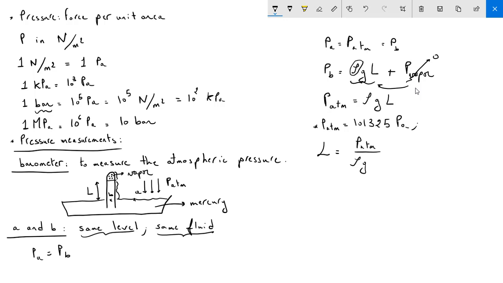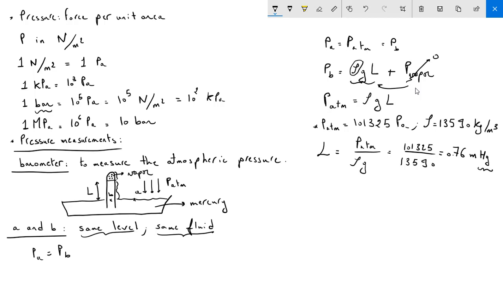And we take here that the density of mercury is approximately 13,590 kilogram per meter cube. So it is equal to 101,325 over 13,590, which will be equal to 0.76 meter of mercury.